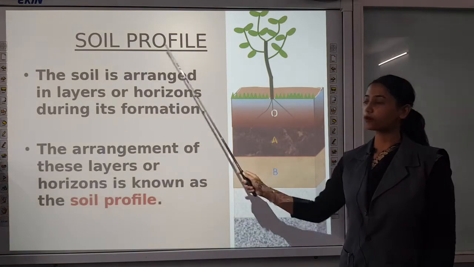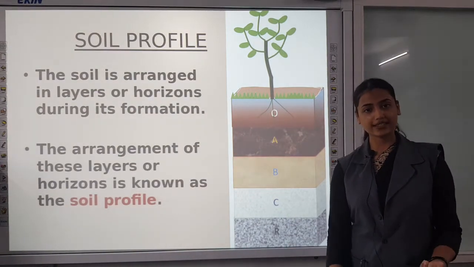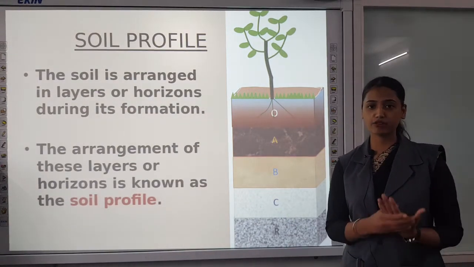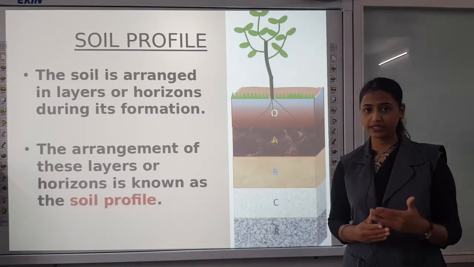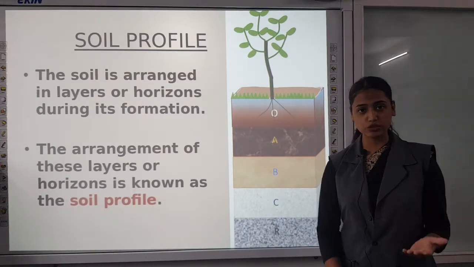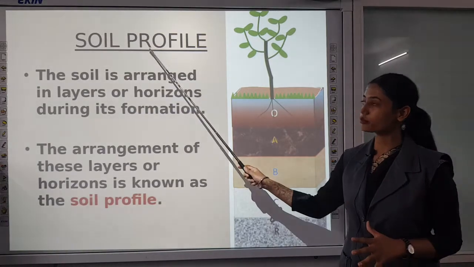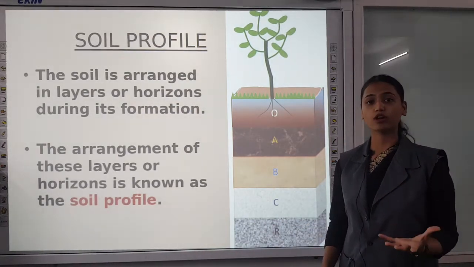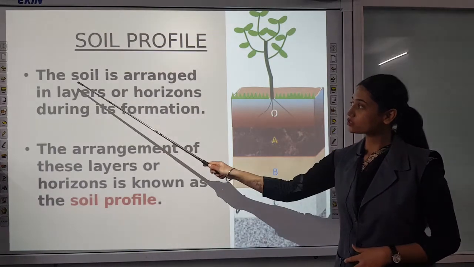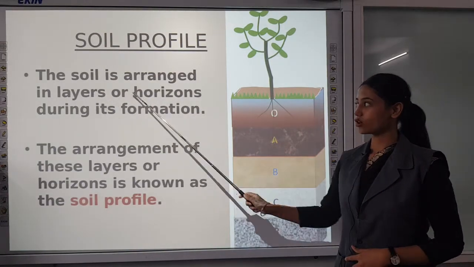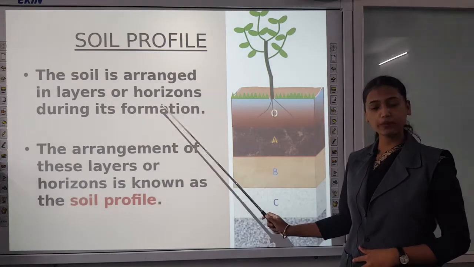Next is soil profile. Like every student has their profile, like their name, their father's name, their blood type and so many things we get to know from the student's profile. So in soil profile we will talk about the profile of soil. The soil is arranged in layers or horizons during its formation.